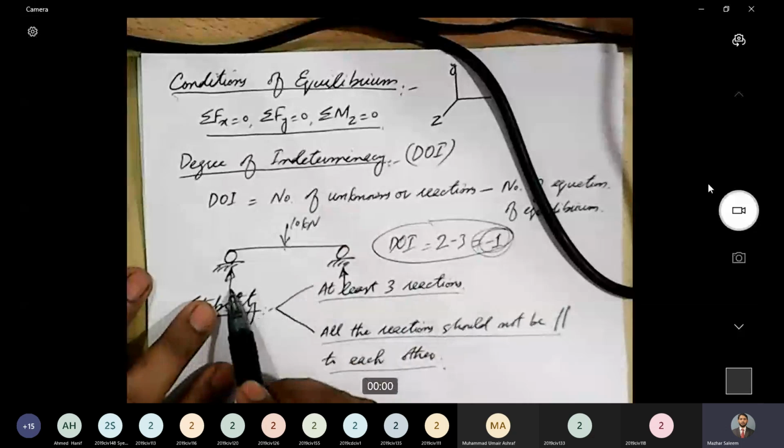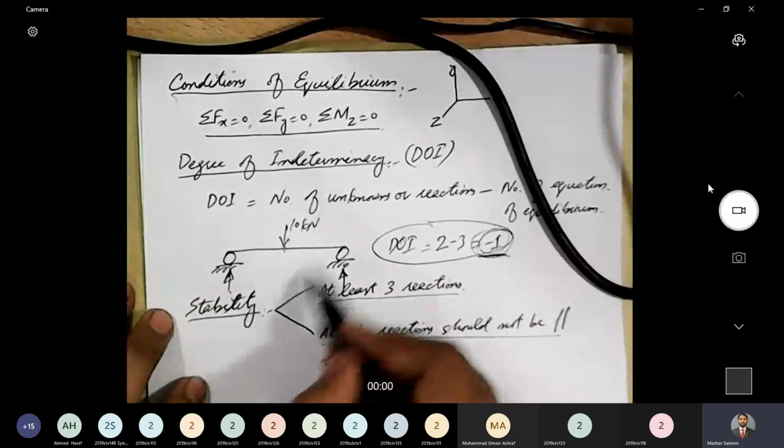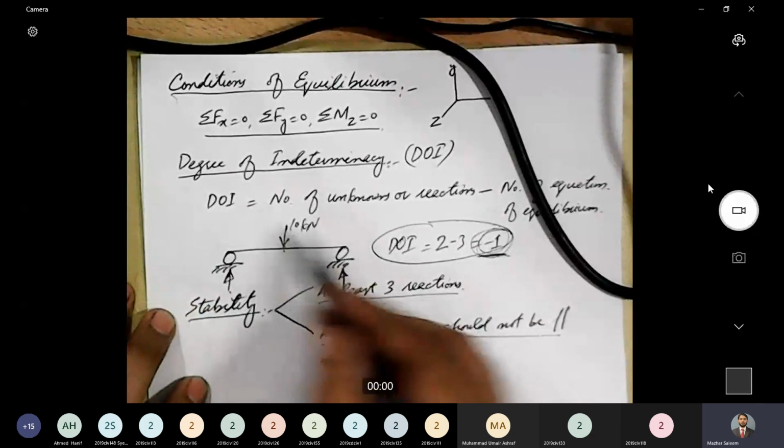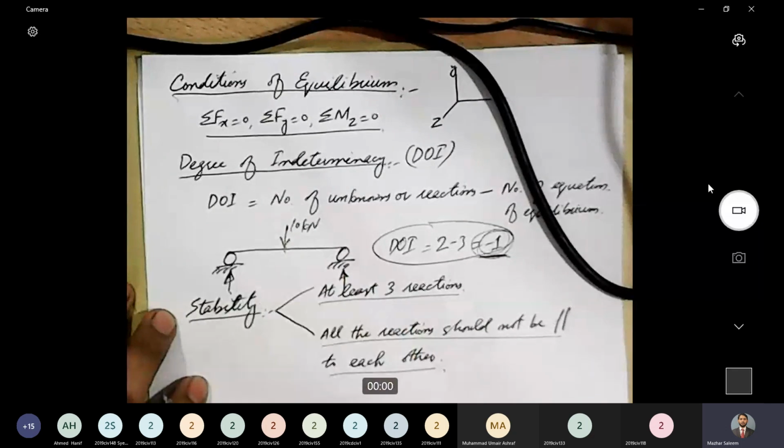So 5 kilonewton reaction will be generated here and 5 kilonewton reaction will be generated here. So negative degree of indeterminacy is not a problem as far as the determinacy or indeterminacy concept is concerned, but this structure is unstable and we don't want an unstable structure. So we will modify this structure.